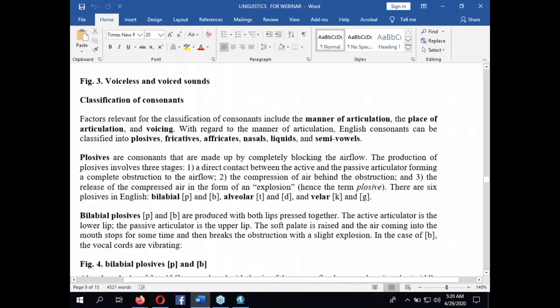And then we'll look at the different kinds of consonants. We're looking at the plosives, fricatives, affricates, nasals, liquids, and semivowels. Thank you.